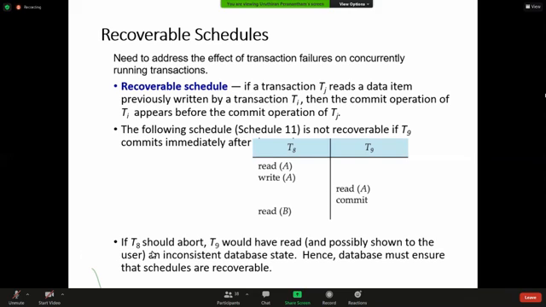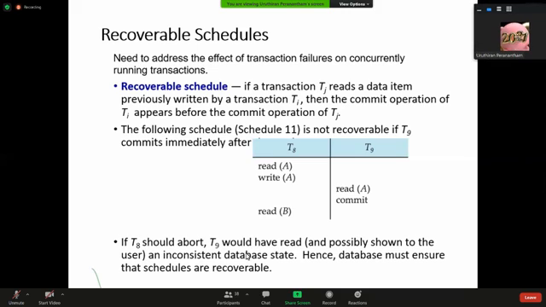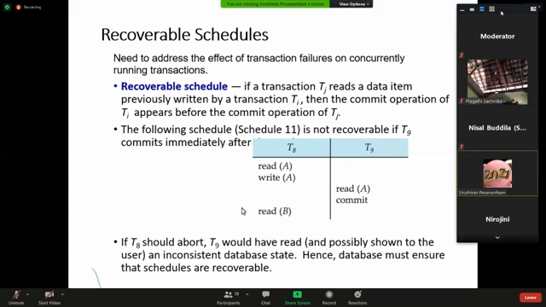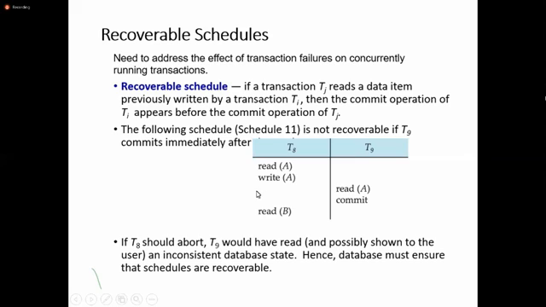If T8 should abort, T9 should also abort, meaning rollback. The problem happens here: it leads to an inconsistent database state.